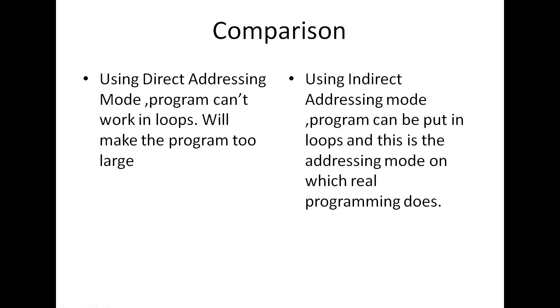You will be using indirect addressing mode, because every time you cannot write LDA 5000, LDA 5001, LDA 5002, as it will make the program very big. If you want to do the same work 100 times, you don't write it 100 times. You put it in a loop and you continue the loop.